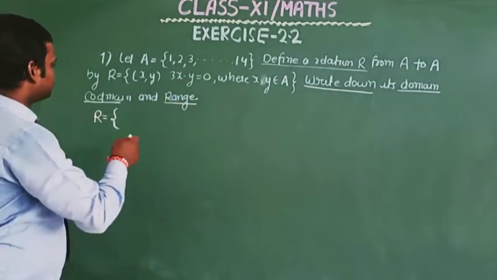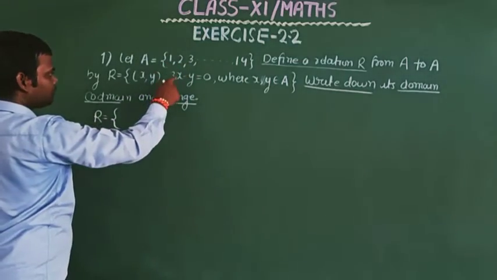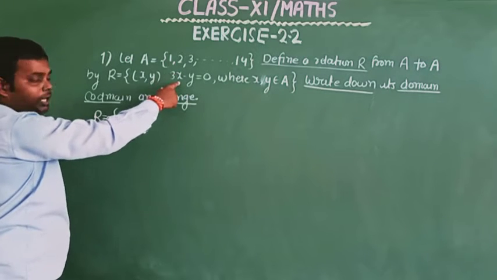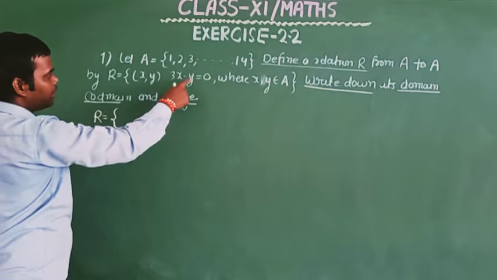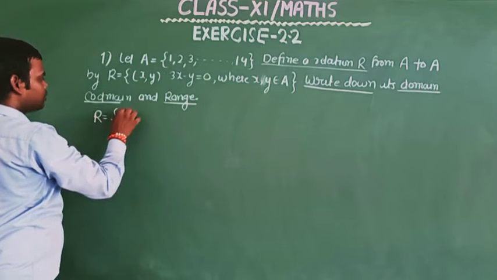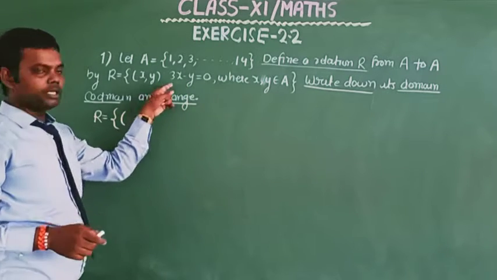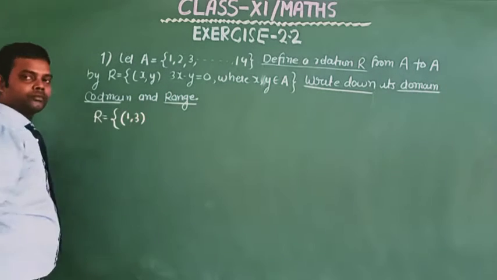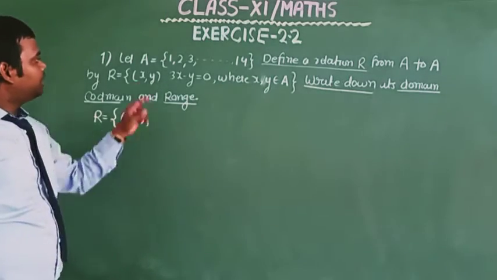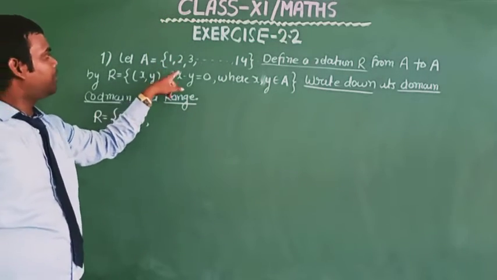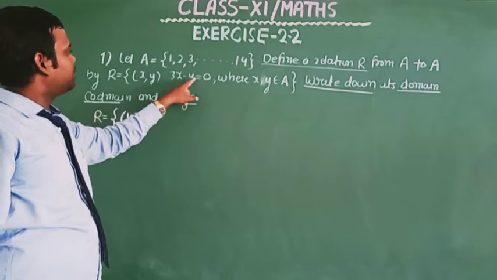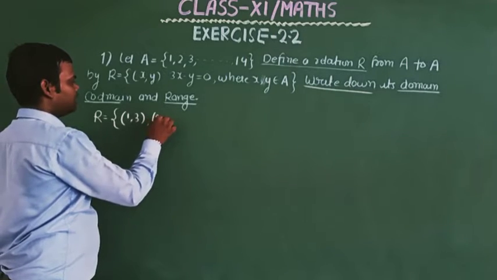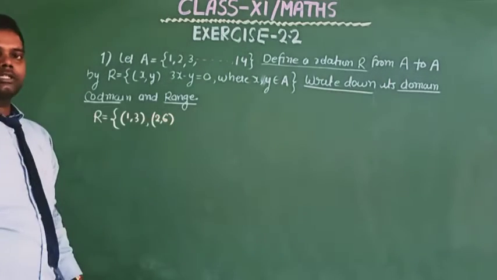Input the value of x as 1, and to get the value of y, we get y equal to 3. So the first ordered pair in the relation is (1, 3). Next, if we take x equal to 2, then we get y equal to 6. So the second ordered pair in the relation is (2, 6).